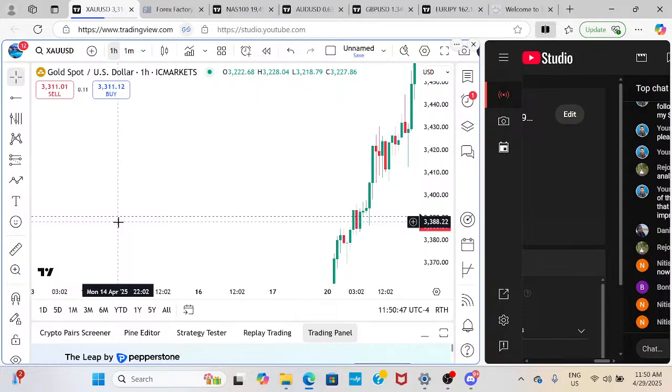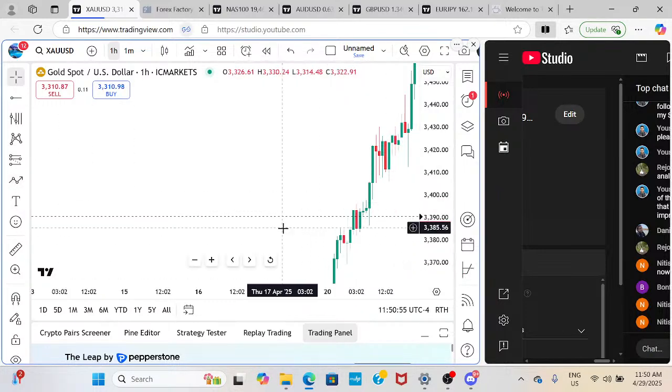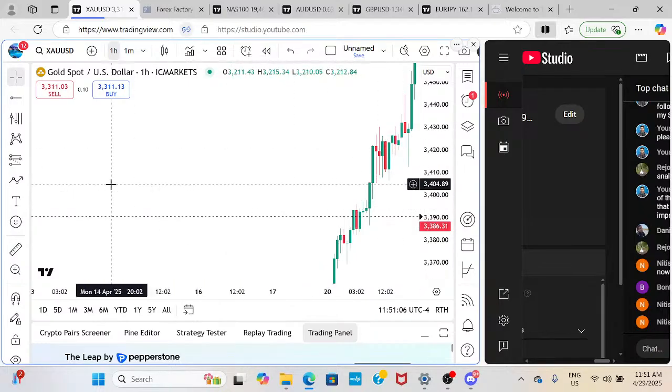You'll be seeing the price, you're analyzing the chart. One part of you is telling you that the price is going to sell. The other part of you is telling you that the price is going to buy. And this is going to basically make you so confused because you don't know which part to listen to.